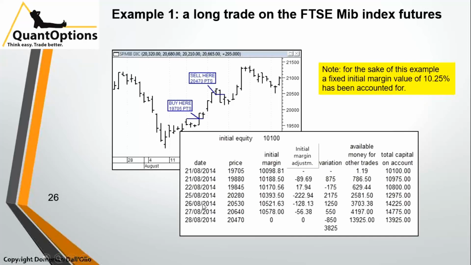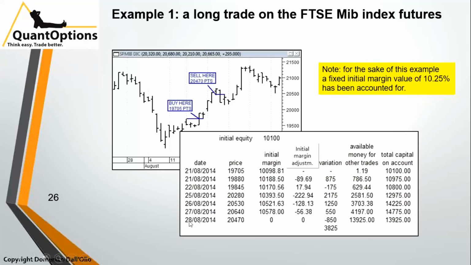Another day, August the 26th, price at the end of the day 20,530, a new value of the initial margin, a new initial margin adjustment, and a new variation margin immediately credited on my account. Another day, August the 27th, 20,640, initial margin higher than the previous day, a new initial margin adjustment, a new variation margin.